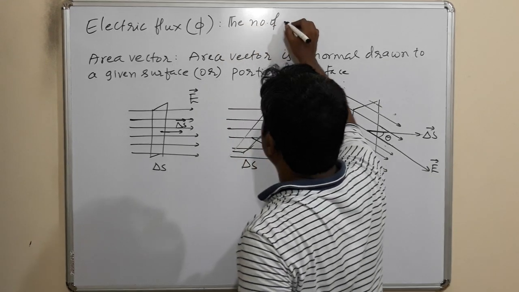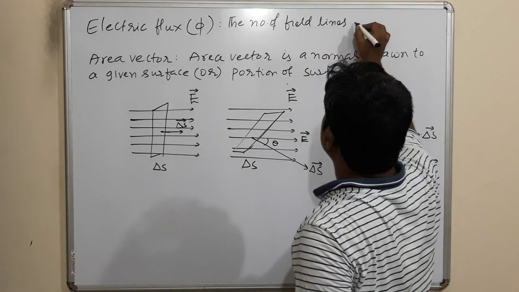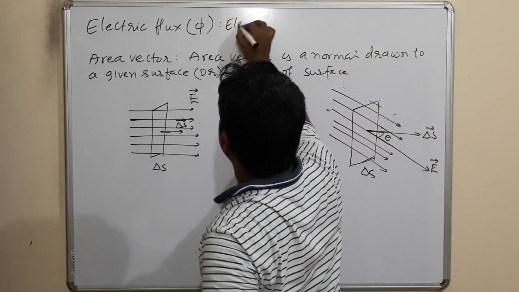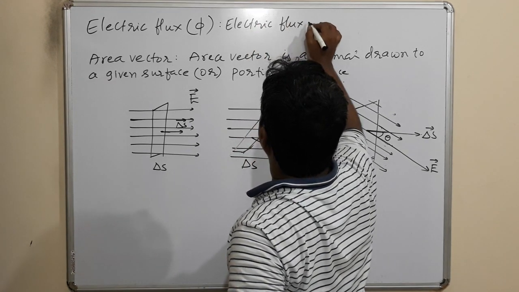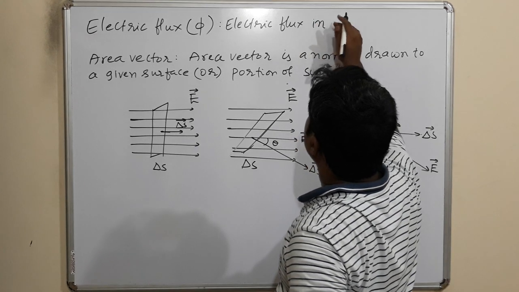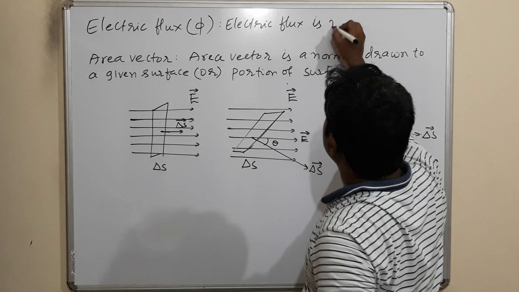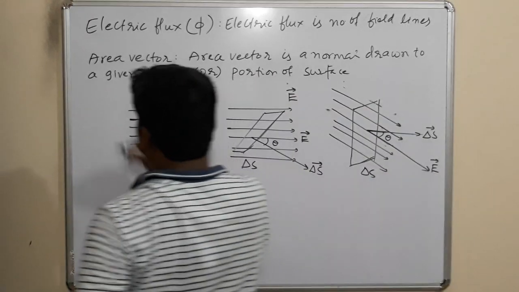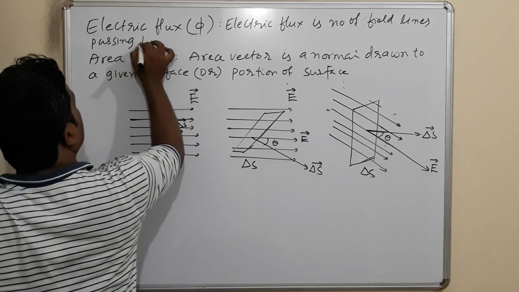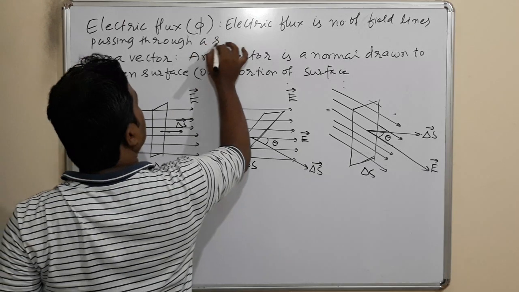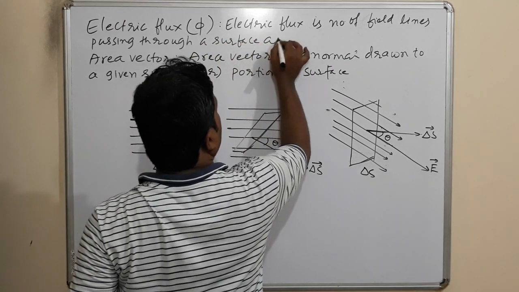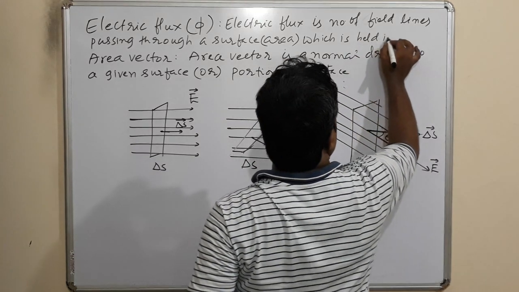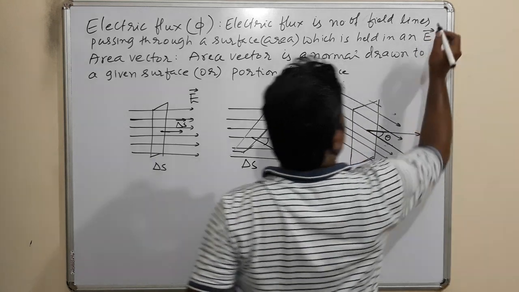Electric flux is defined as the number of field lines passing through a surface or area, passing through a surface area which is held in an electric field.